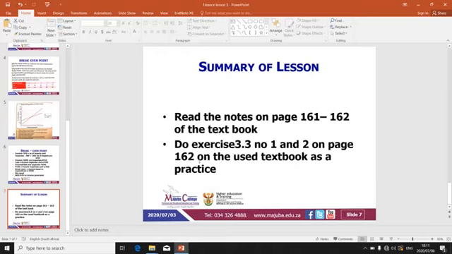What you are expected to do so that you can practice what we have learned together is exercise 3.3, number 1 and number 2 on page 162 of the compulsory textbook. For whatever problem you meet or experience, you consult your mathematical literacy campus educator.